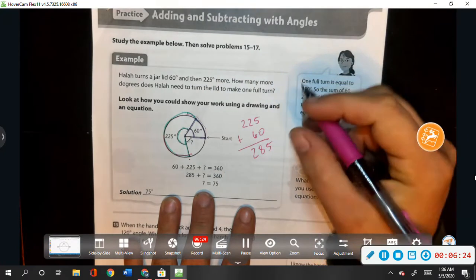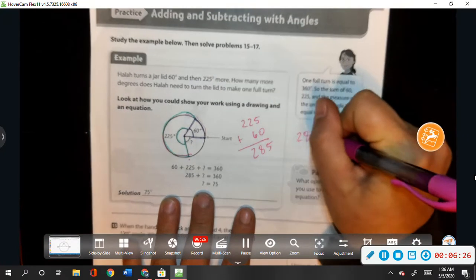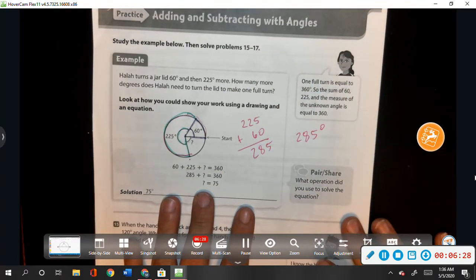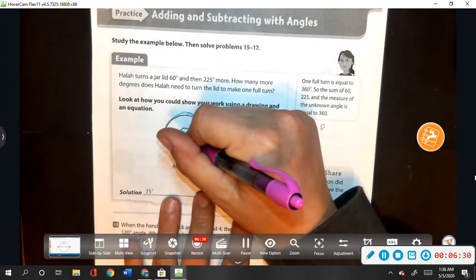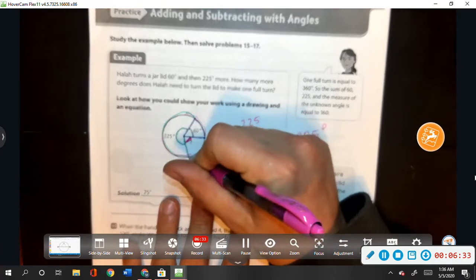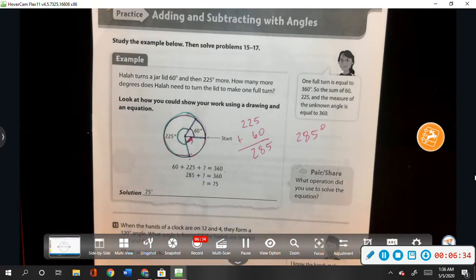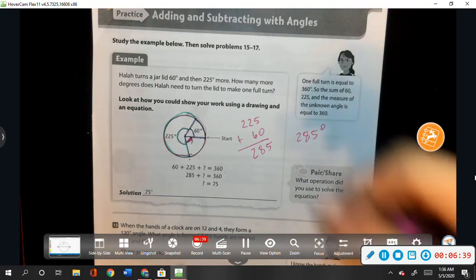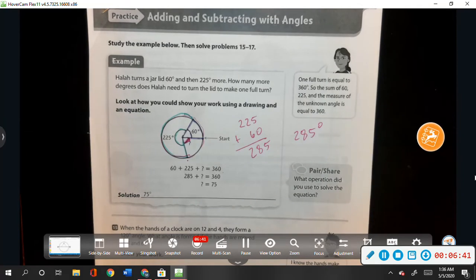So she's turned it 285 degrees so far. They want to know how much further she needs in order to make the full circle. Well, how many degrees are in a circle? 360. So they want to know the difference.